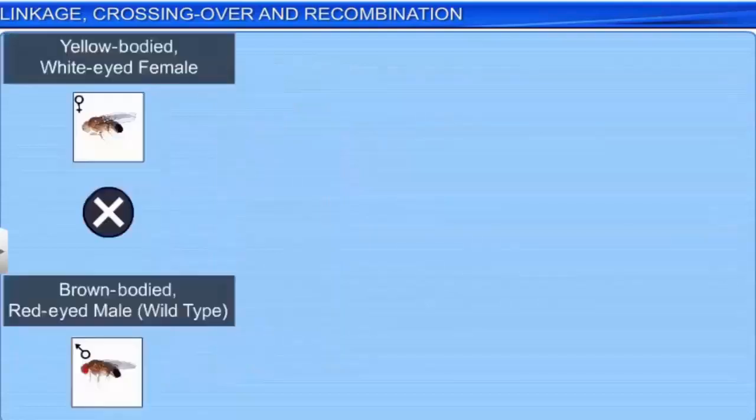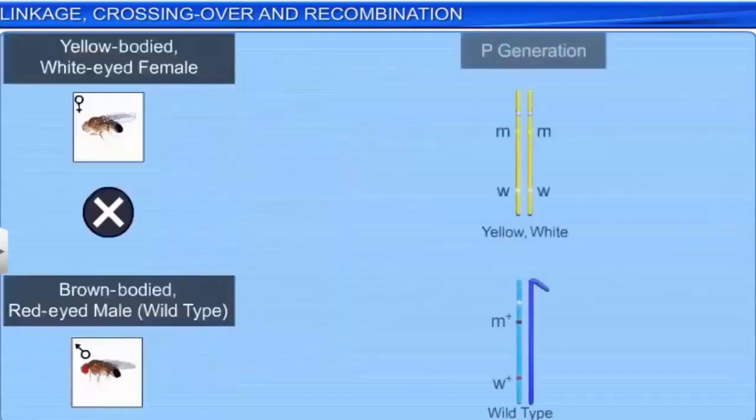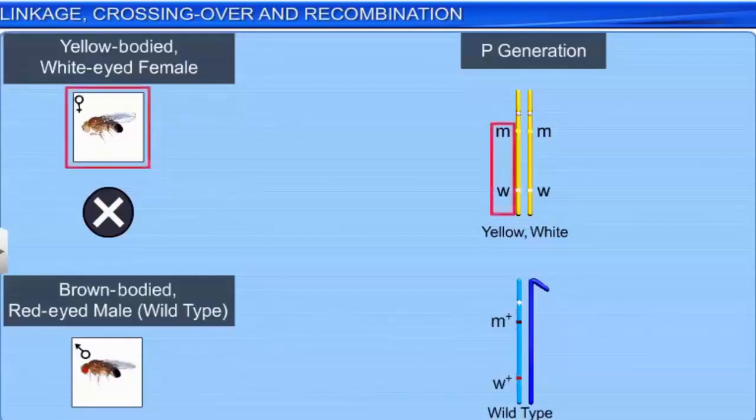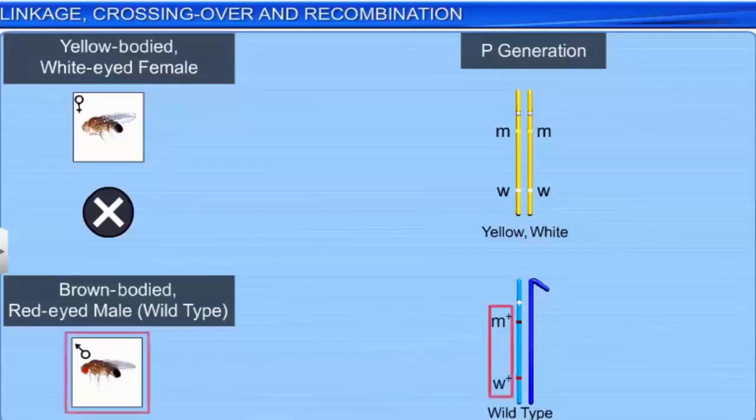Now, let's consider another experiment conducted by Morgan, where he crossed white-eyed miniature winged females with the genotype w m with red-eyed normal winged males with the genotype w+ m+.